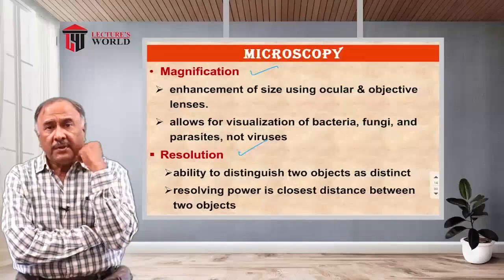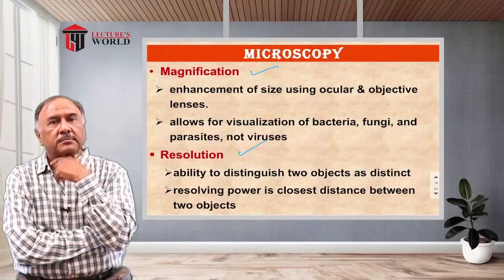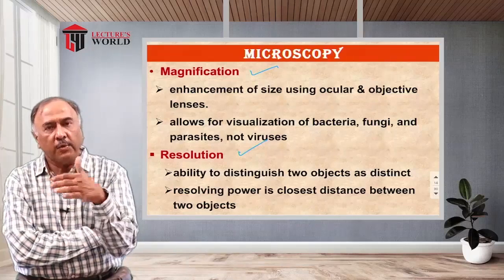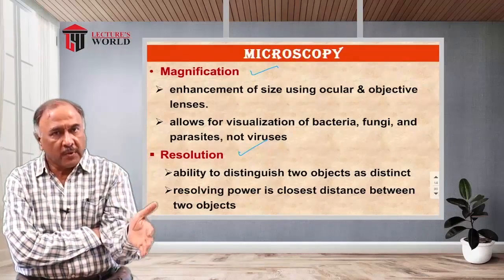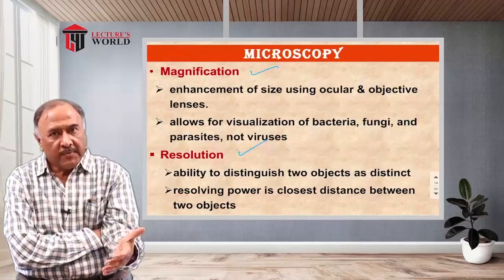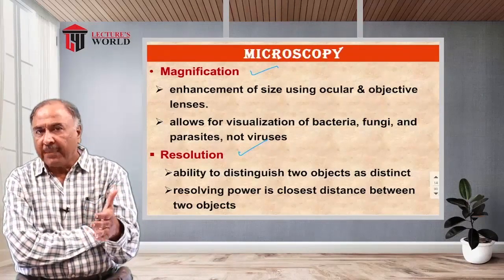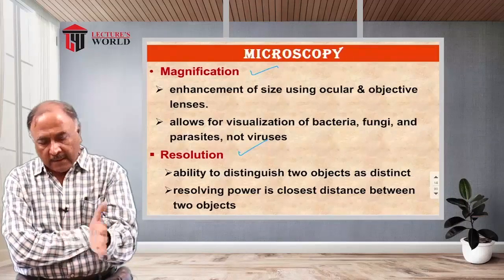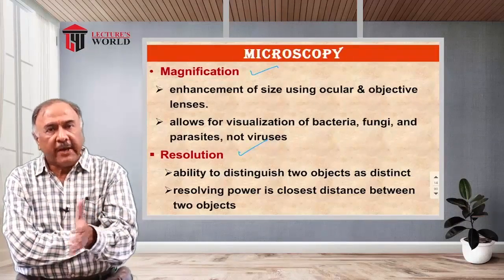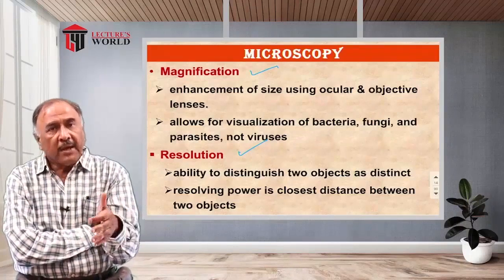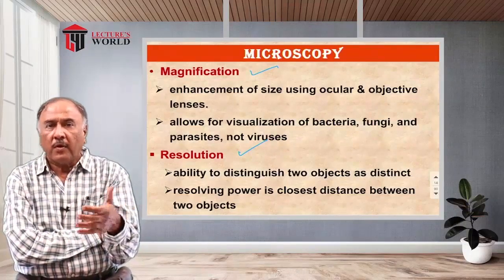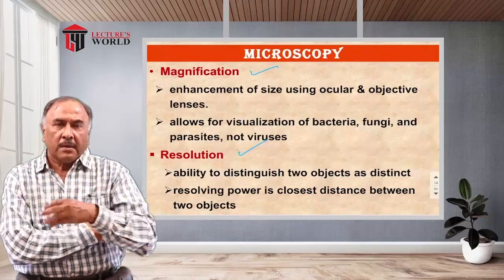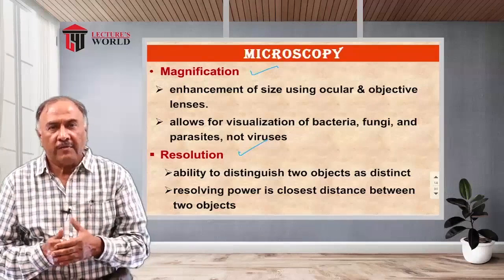Now when we start identifying the organisms, as I told you, the first step is microscopic observation. Second, we go for macroscopic observation by cultivating them on a plate with nutrient media. Then finally, we go for serological identification.